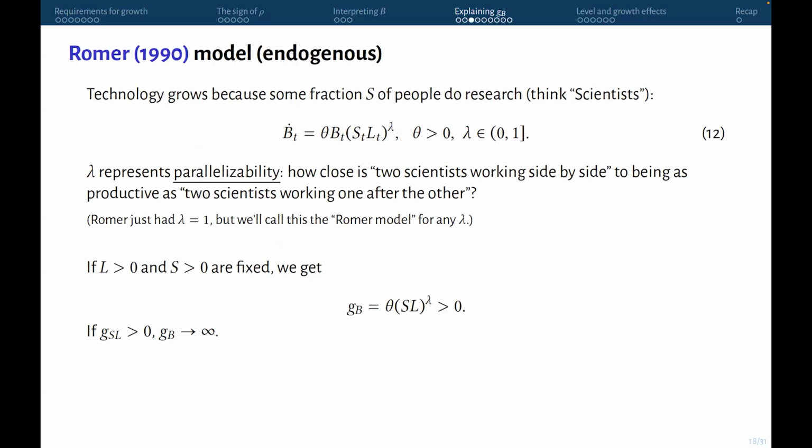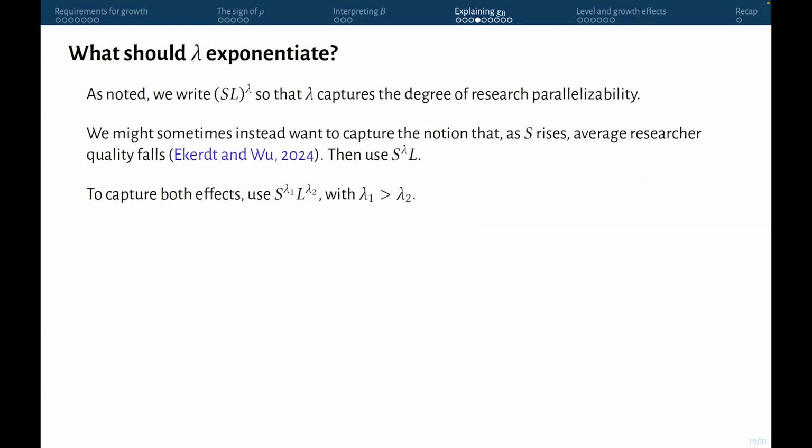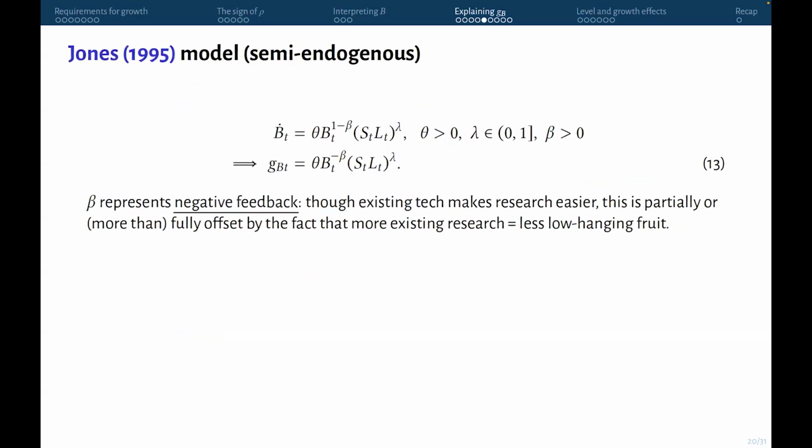The number of researchers in the world has grown by a factor of 40 or something in the US at least. I think there's about 40 times as many researchers in the US now as there were in 1930. And obviously, the growth rate has not been multiplied by a factor of 40. In fact, if anything, it's declined a little bit. This motivates the Jones model.